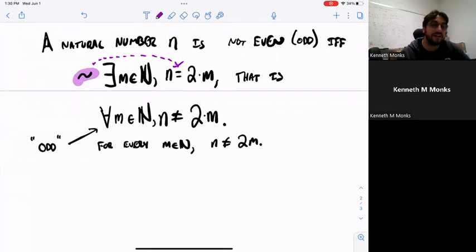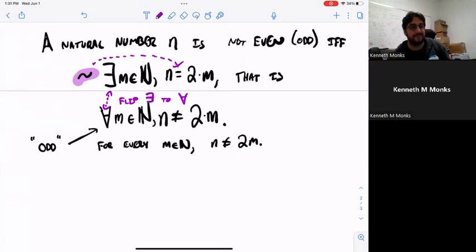But when we moved the not inside the statement, what was the price we paid? We had to change the quantifier. We had to flip the existential quantifier to a universal quantifier. The there exists becomes a for all.